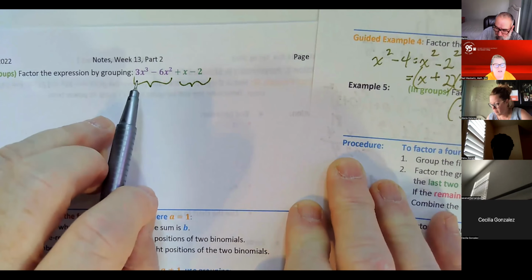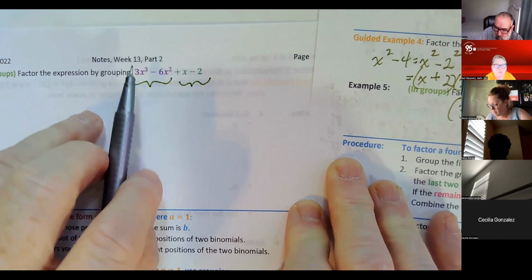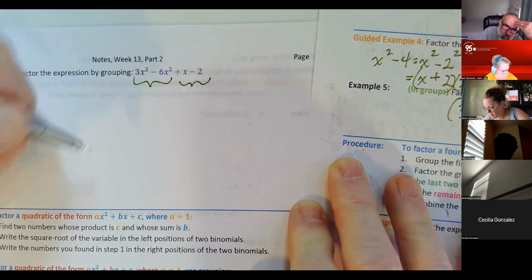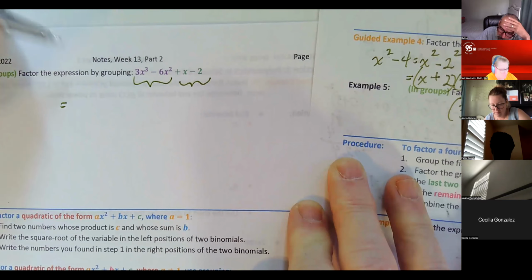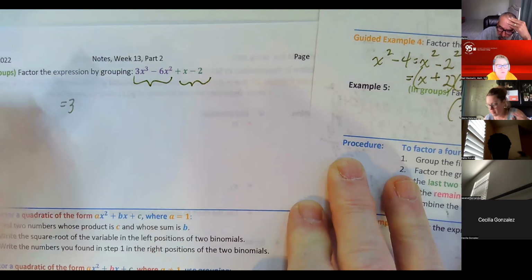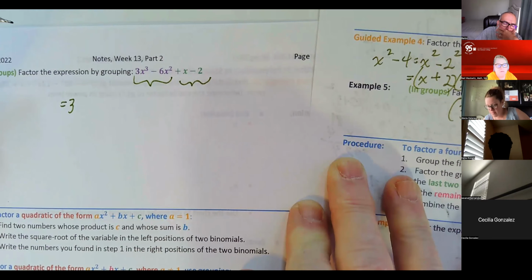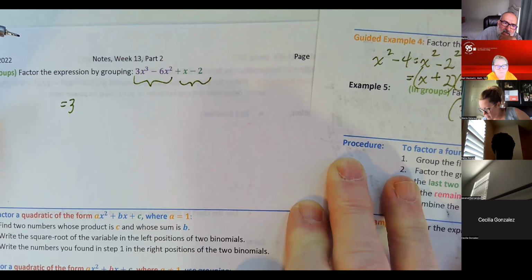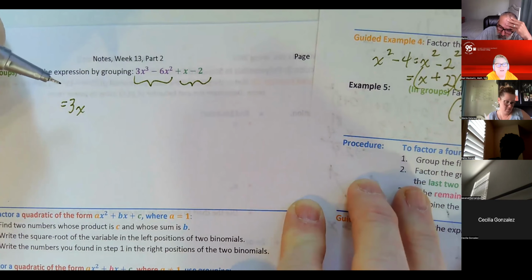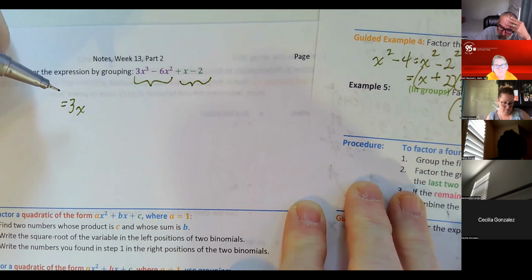So let's do numbers and x's separately. What's common between 3 and 6? 3. Good. What's common between x cubed and x squared? X. What's the biggest power of x we can have in common? 2. Good.